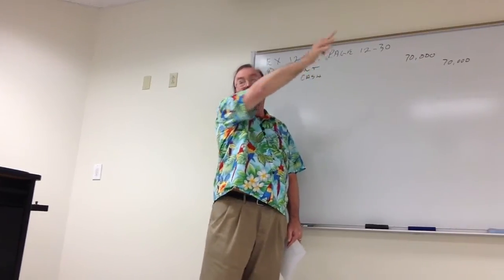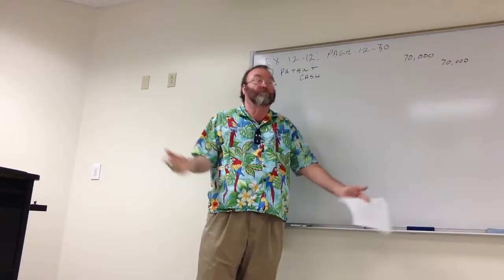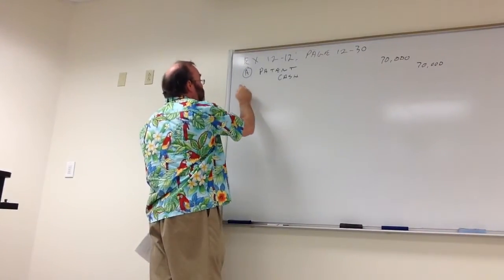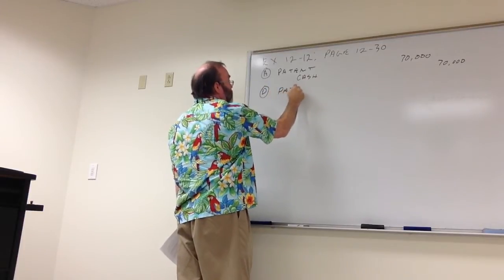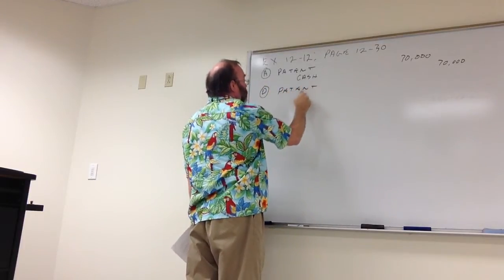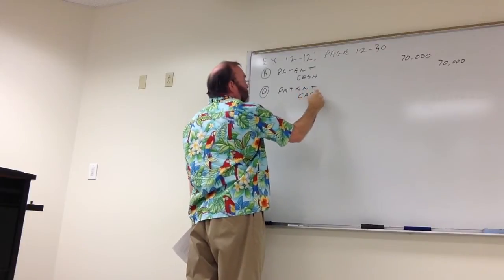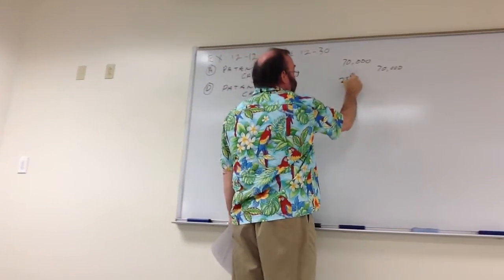What if you had not successfully defended the patent? You would then write this whole $70,000 off because you've got a useless patent, right? All right, so we're going to capitalize D also to patent, for the $28,000.